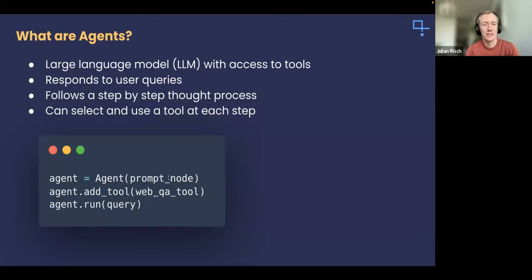And I will show you in a second how to actually get a prompt node. Then as a second step, we can add a tool to an agent. And this can be any pipeline or any component from Haystack. So here it's a web QA tool, and I will also show you how to do that. And then you already have an agent with a prompt node and a tool. So you can run this agent and put a user query into this.